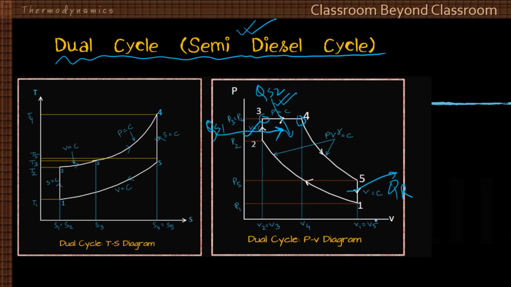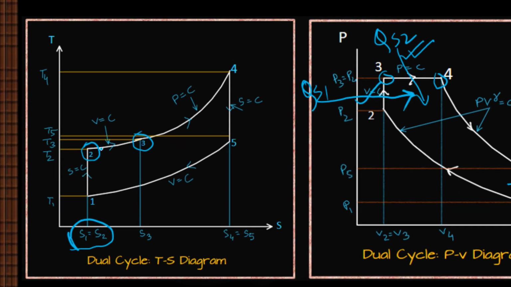Accordingly, in the TS, temperature-entropy diagram, 1-2 is isentropic compression. That is why S1 equal to S2. S means entropy, and 2 to 3 is V equal to C, that means heat is added at constant volume. This one is QS1.